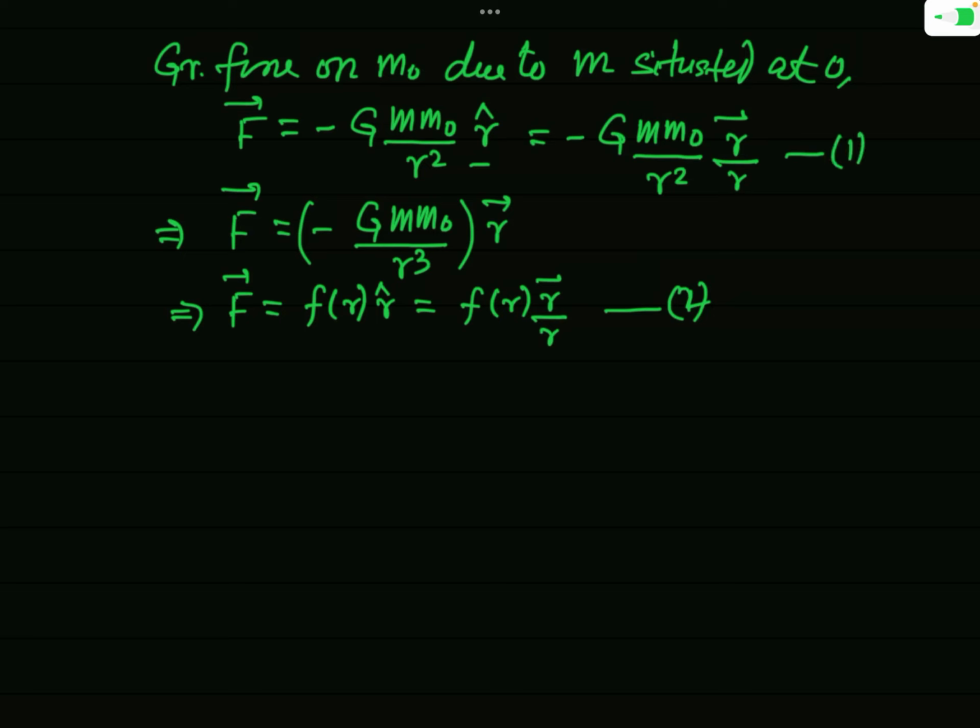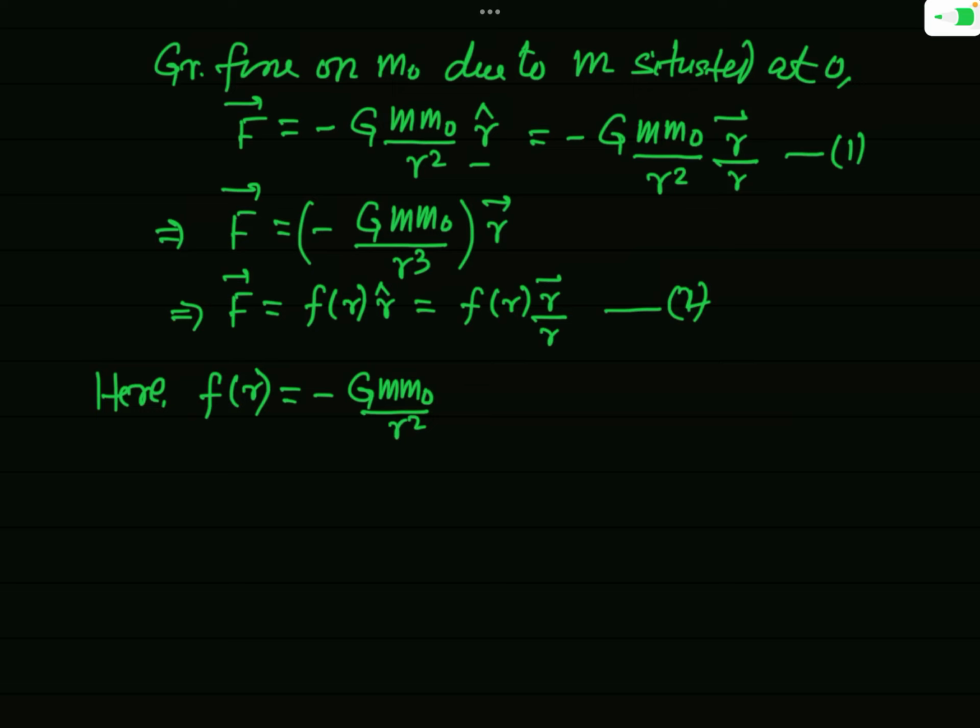Comparing these two equations, you can see that I have written this F of r at the place of minus G m m naught over r square. And you can see that this G is a universal constant, m and m naught are given masses, so they are also constant. So the magnitude of this force is only a function of r.